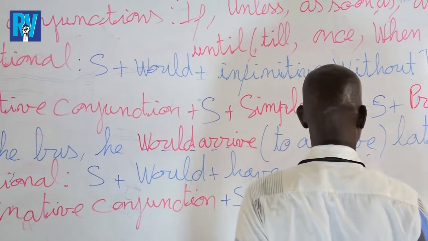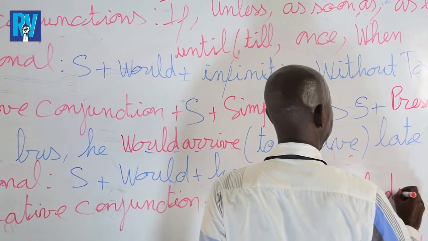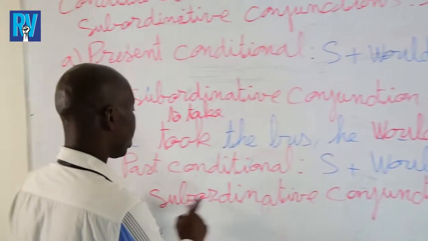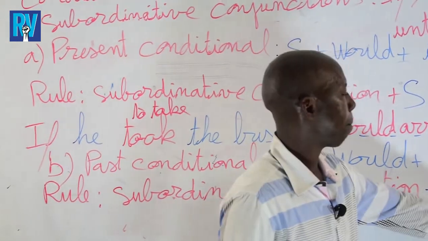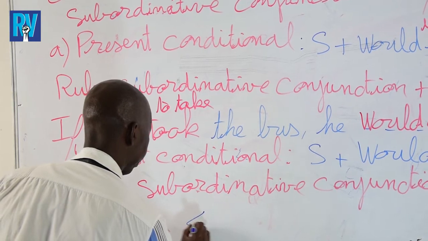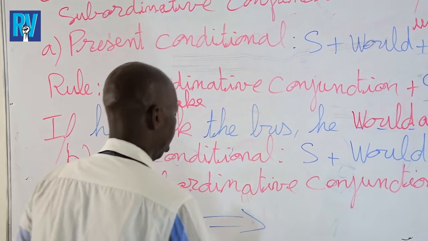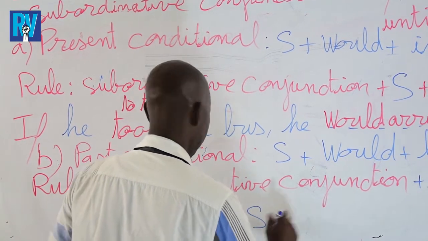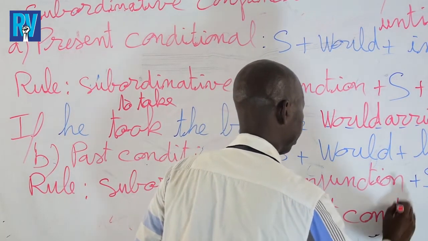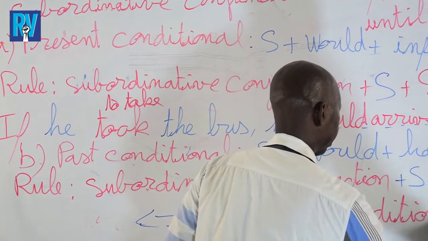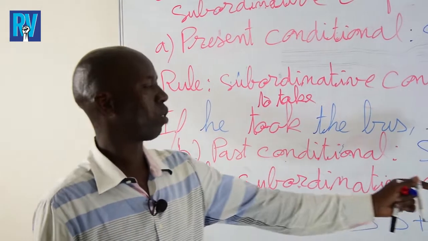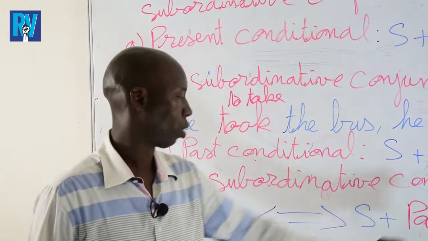When we have the past perfect, had plus past participle. So this is subordinative conjunction plus subject plus past perfect, ça va avec subject plus past conditional. The two tenses go together. Subordinative conjunction plus subject plus past perfect goes with the past conditional.